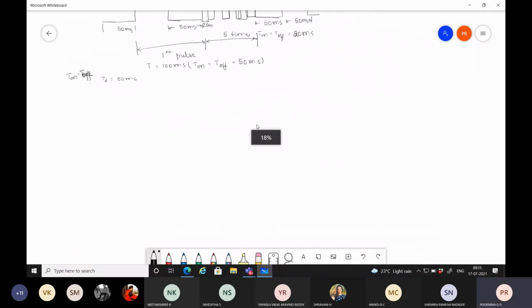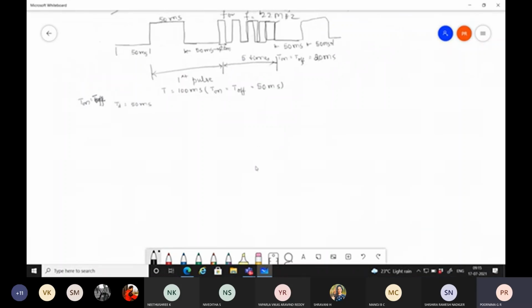So let us first solve the delay computation for 50 milliseconds.